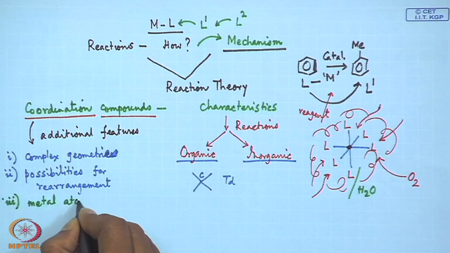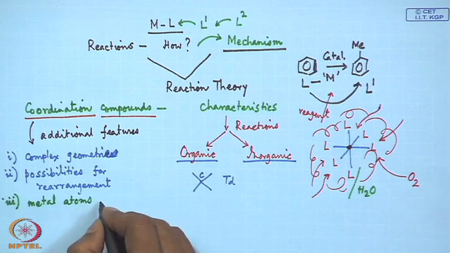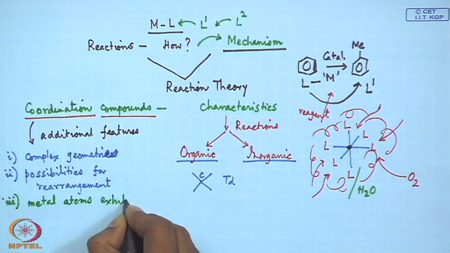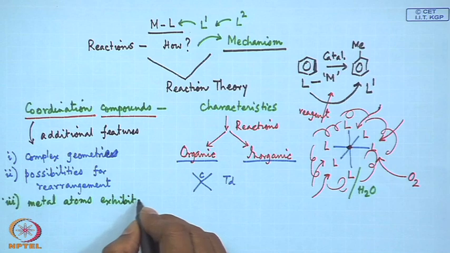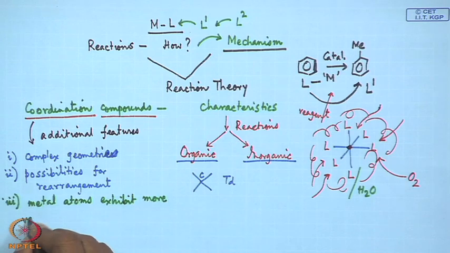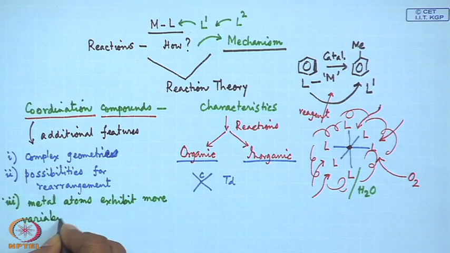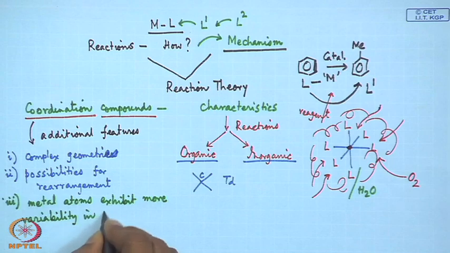The metal atoms present in these species can be the corresponding ions also. So, they exhibit more variability in their reactions.